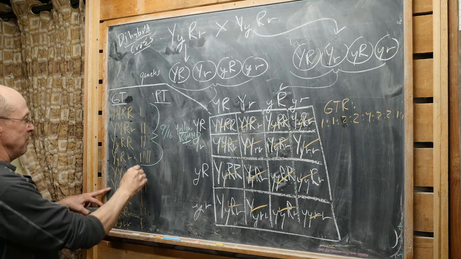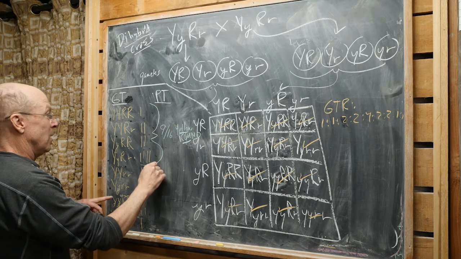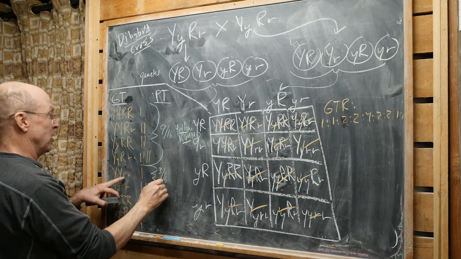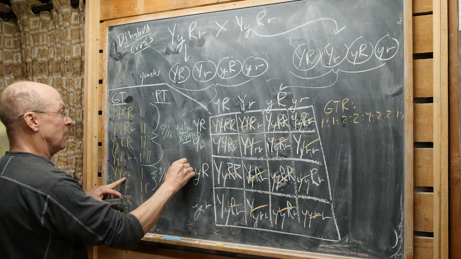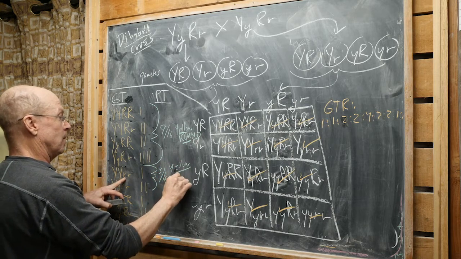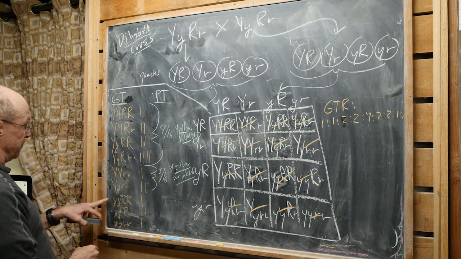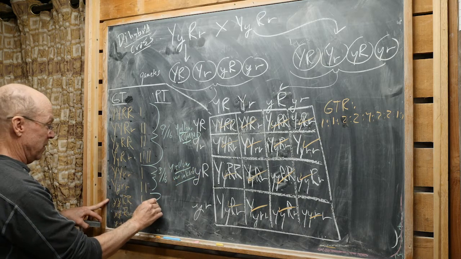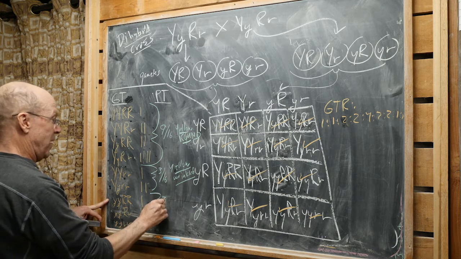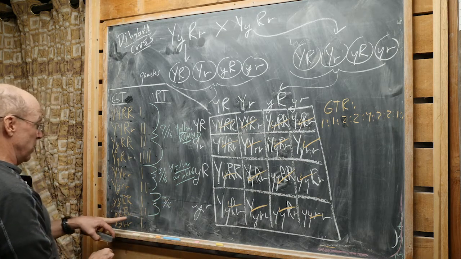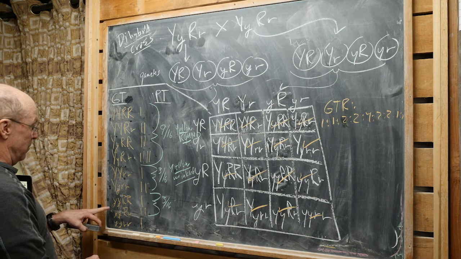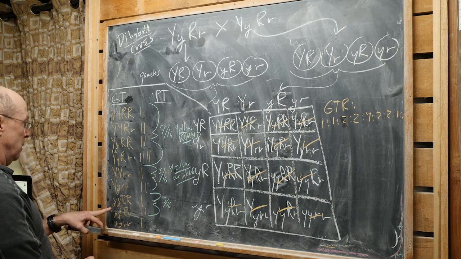These ones all line up beautifully together. 3 out of 16 are going to be yellow wrinkled. And then this group here, 3 out of 16 is going to end up being green and round.